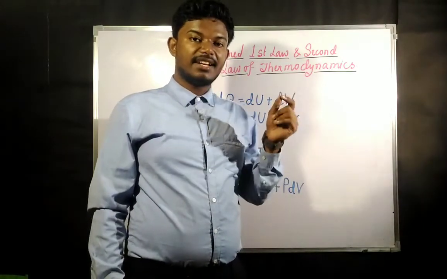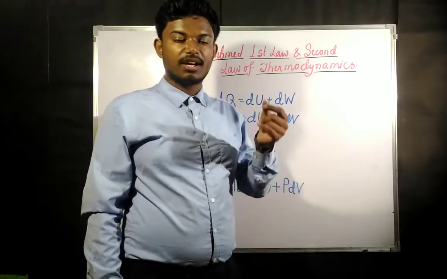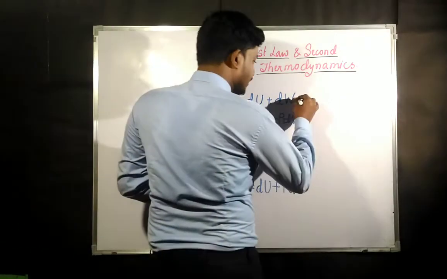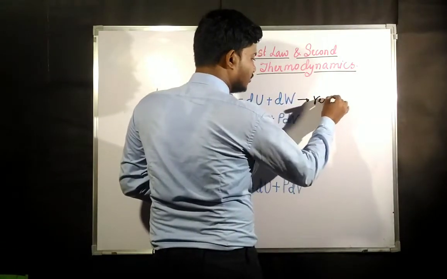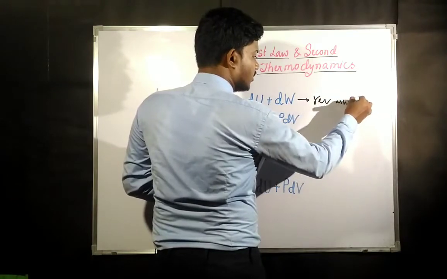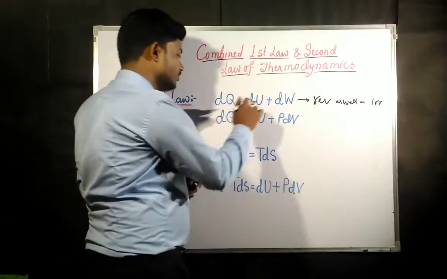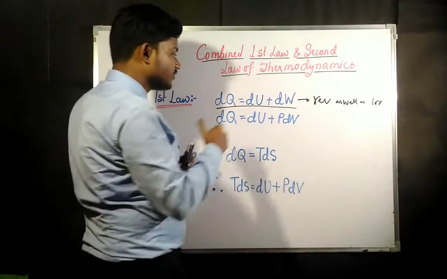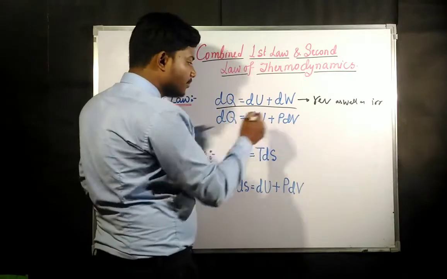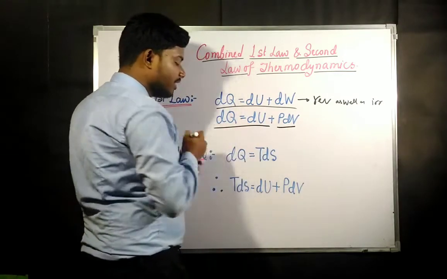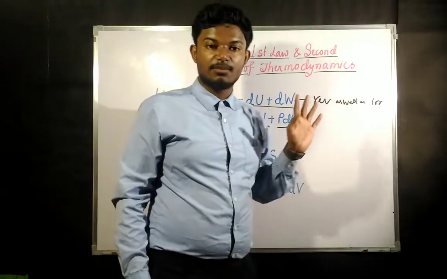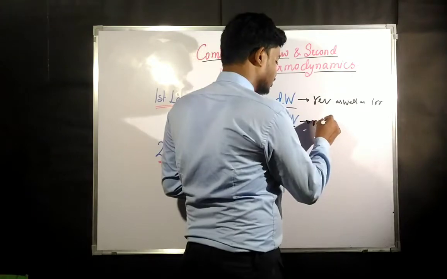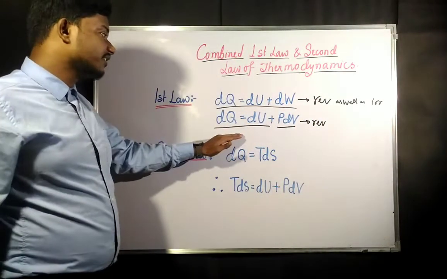For a cycle it was net heat transfer equal to net work transfer, and this equation is for a process. This equation, dq equals du plus dw, is valid for reversible as well as irreversible processes. But from here we can directly write this one, P into dV for work, which we have learned with the help of a quasi-static process. So this is only valid for a reversible process.